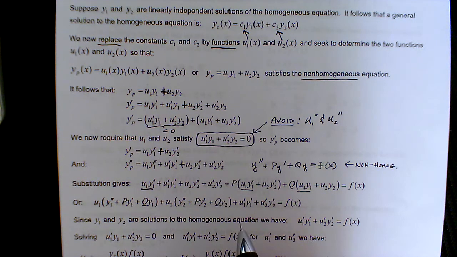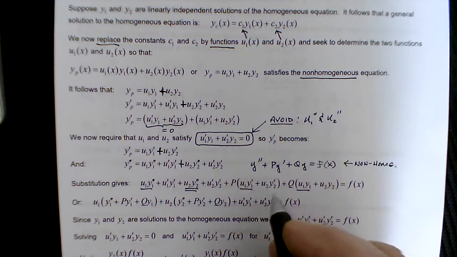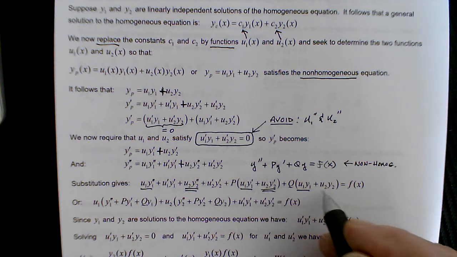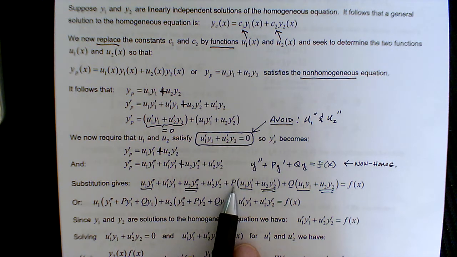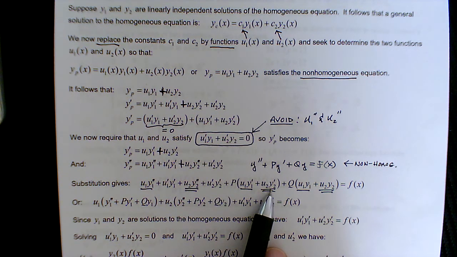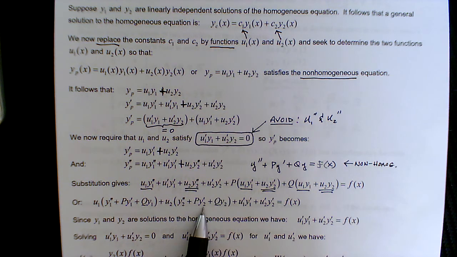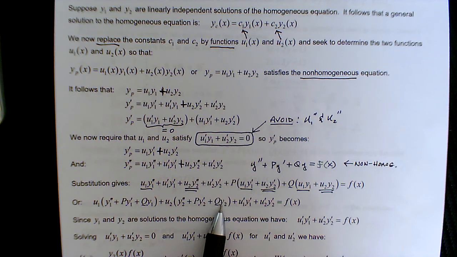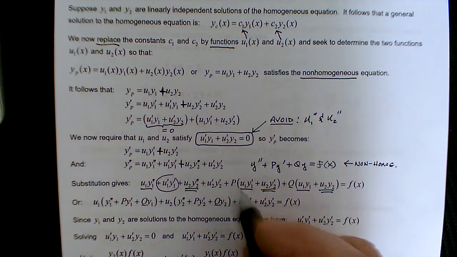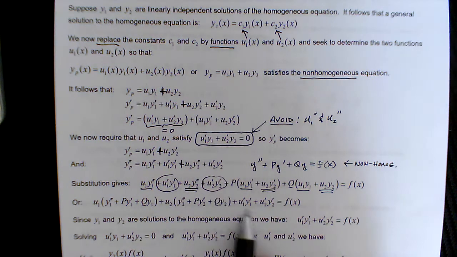So then we did the same thing with the u2s, just the u2s, not the primes. And so we've got, factoring out the u2, y sub 2 double prime, plus p times y sub 2 prime, and then plus q times y sub 2. And then the only terms left over are these two guys, and we just listed them here. And that's equal to f of x.